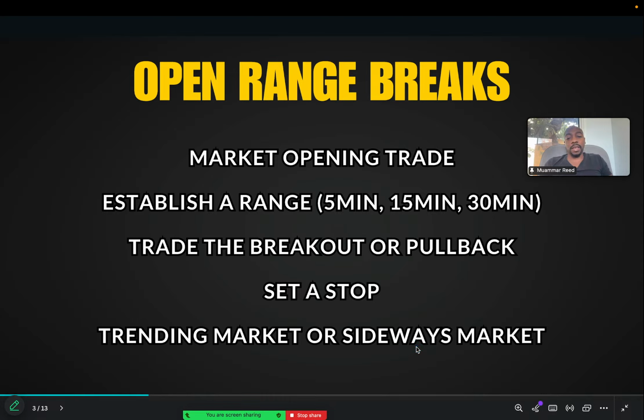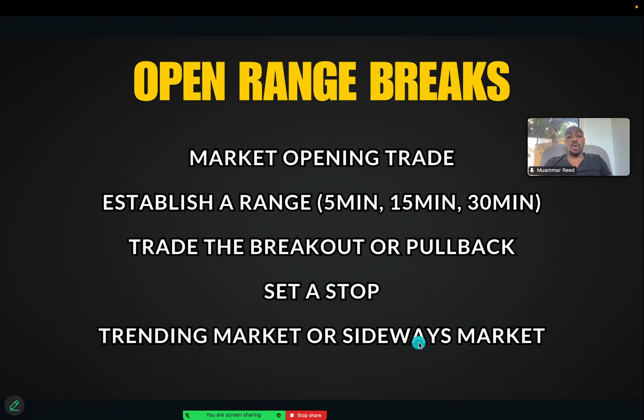Is this breaking the range to the top or to the downside? If it breaks the range to the top, you could buy calls. If it breaks the range to the downside, you could buy puts. You could sell call spreads if it breaks the range to the downside. You could sell put spreads if it breaks the range to the upside, right? You could even buy shares or sell shares.